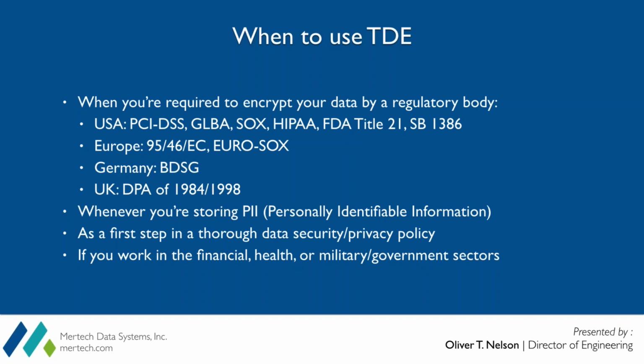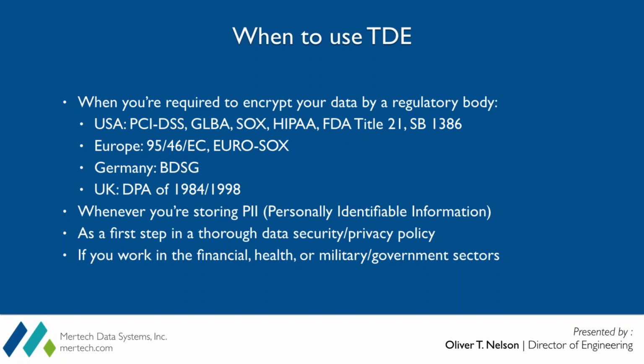We have FDA Title 21, and then something that has proved quite viral recently is California Senate Bill 1386, which has required encryption for personal information at almost any level. So very often businesses will be affected by one of these compliance regulations, and throughout the world we have various ones.